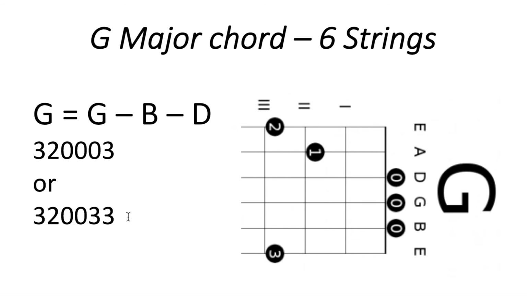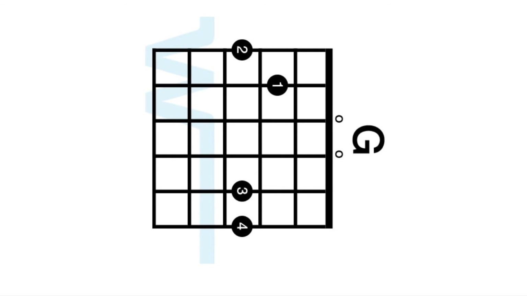So this is the G major chord, which is a 6th string chord, and the notes are G, B, D. There are two variations for the G chord. Some people play this, where they use 3 fingers and 3 open strings, and some people play it like this, where they use 2 open strings and 2 fingers.